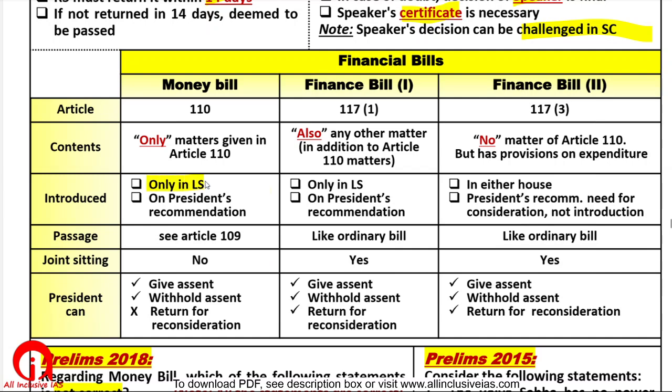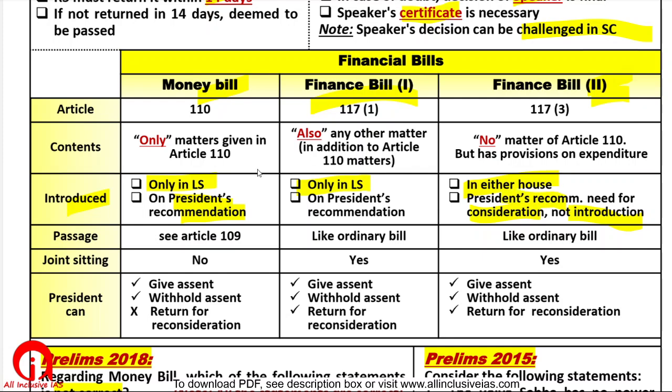Money bill can be introduced only in Lok Sabha. Finance bill category 1, only in Lok Sabha. Finance bill category 2 can be introduced in either house. To introduce a money bill and finance bill category 1, you need the president's recommendation. However, for a category 2 finance bill, you don't need the president's recommendation to introduce it, but once introduced, if you want to consider the bill, you need the president's recommendation.